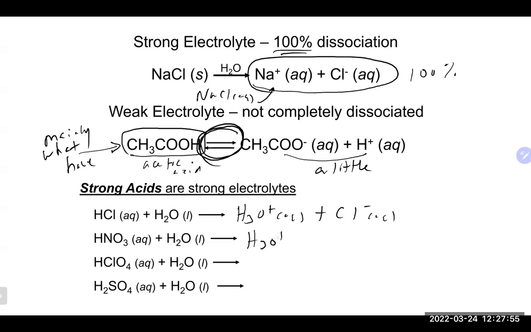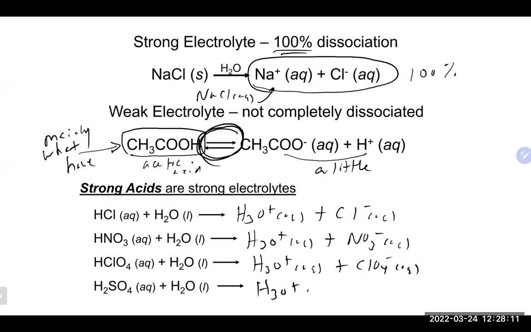Again, you would get H3O+ plus some nitrate, H3O+ and some perchlorate, and H3O+ and HSO4-. So in solution, this is 100% what we have on the right-hand side. You no longer have any hydrochloric acid or nitric acid molecules together in solution.